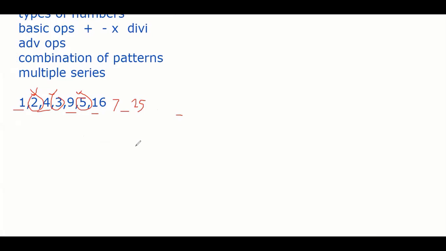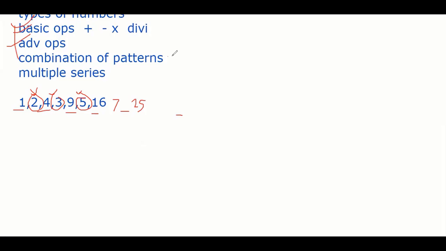The best way to solve series, if we are not able to get all this, is to try taking the difference of the numbers. Difference, difference, difference. Then you'll get a pattern somewhere. Now all those series are always one of these combinations. We always first start with the type of numbers, otherwise the operation.